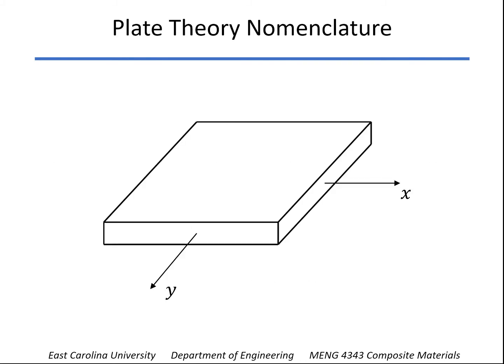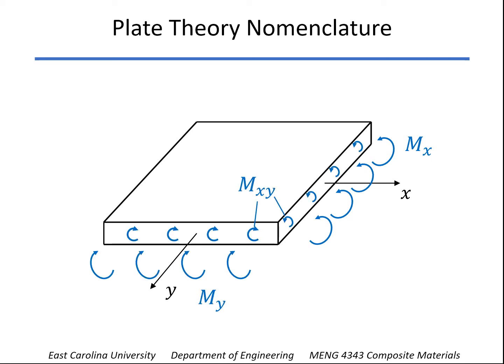So going back to our plate theory, before we had the in-plane stress resultants Nx, Ny, and Nxy due to the stresses sigma x, sigma y, and tau xy. Now we have a similar thing due to the distribution of those stresses. We have the moments Mx, My, and due to the shear stresses, Mxy.